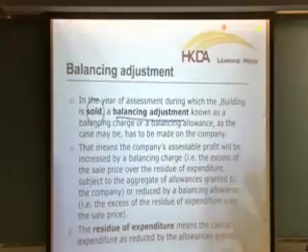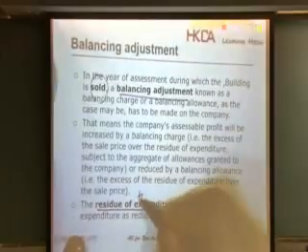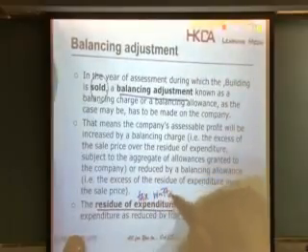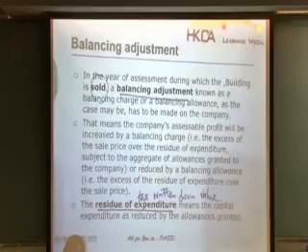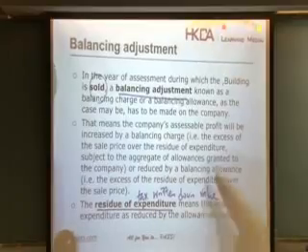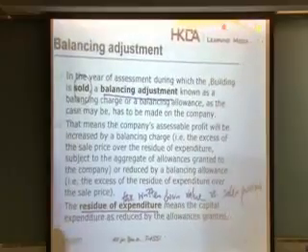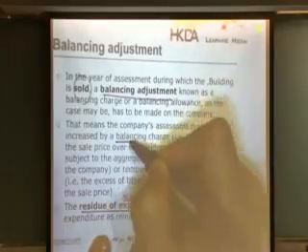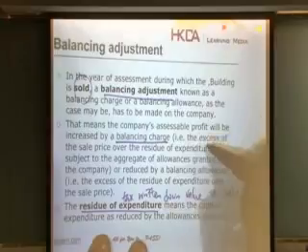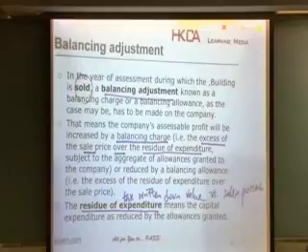How to calculate this? Normally, you will use so-called the residual expenditure. It simply means the tax written down value. And you compare the tax written down value against your sales proceeds. If your sales proceeds is more than your tax written down value, we calculate the balancing charge, excess of sale over tax written down value.